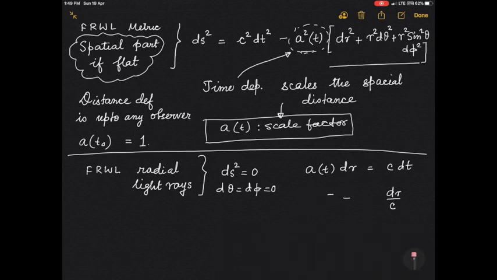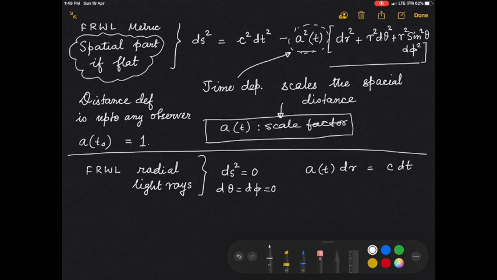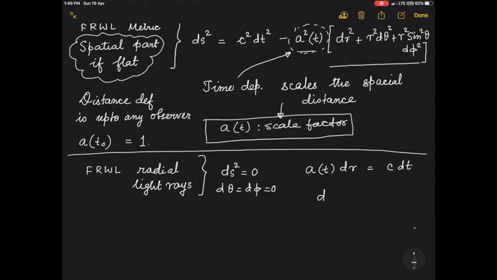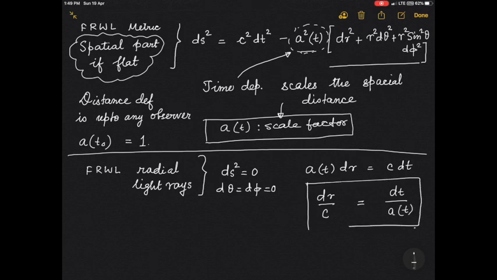Let me write it in a more proper form. I'm writing exactly the same thing, but in a slightly better way. So dr by c is nothing but dt by A(t).